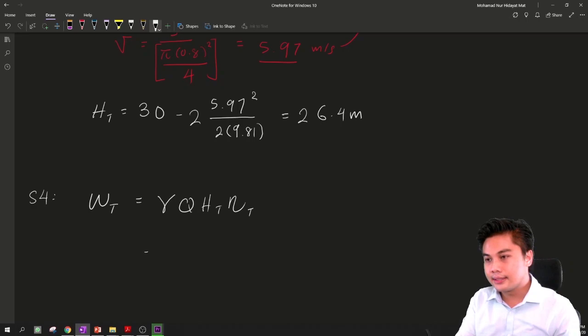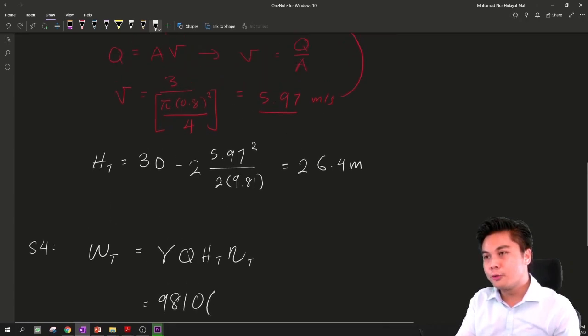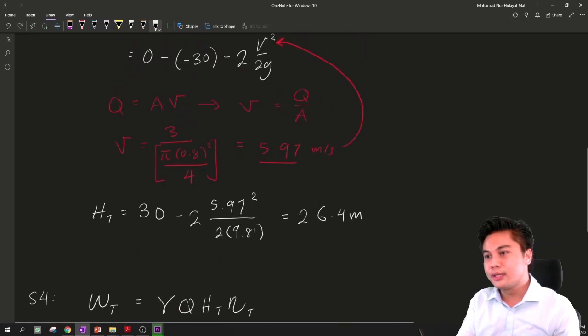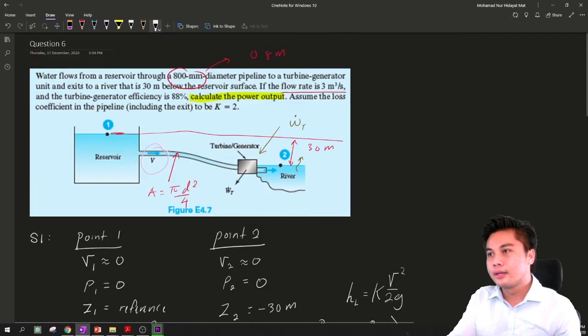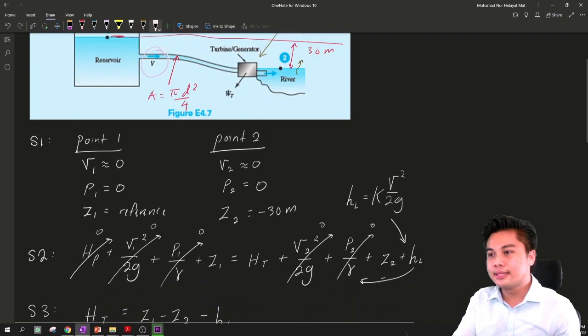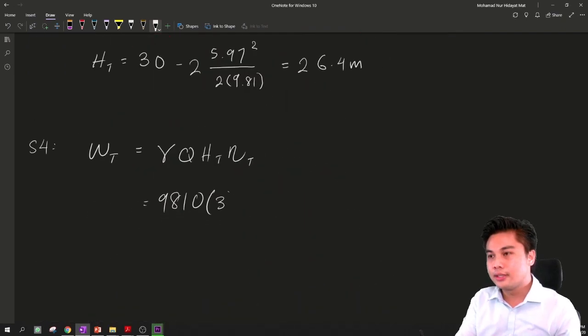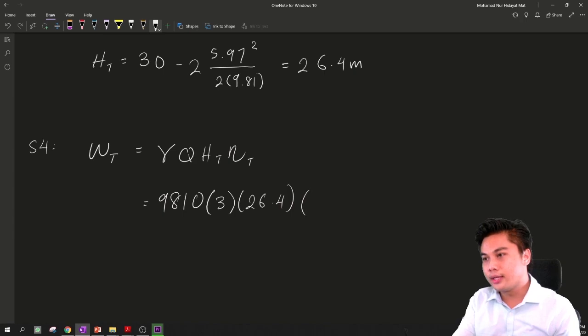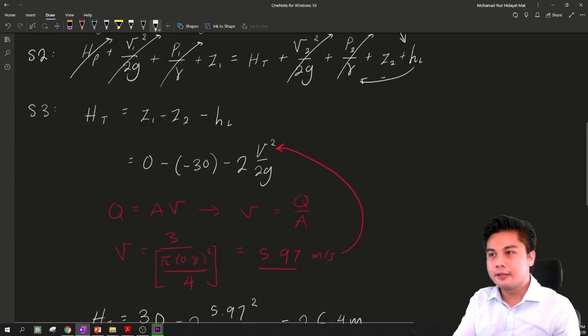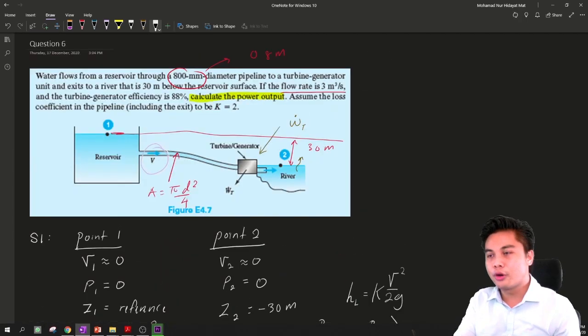Gamma here is 9810, the volume flow rate given is 3 meters cubed per second, the head of the turbine is 26.4, multiplied with the efficiency of the turbine given as 0.88, or 88%.